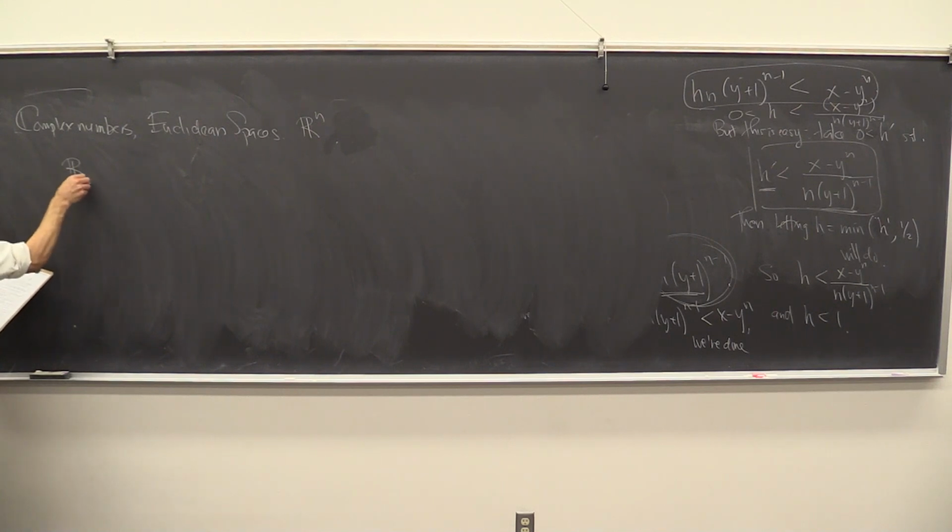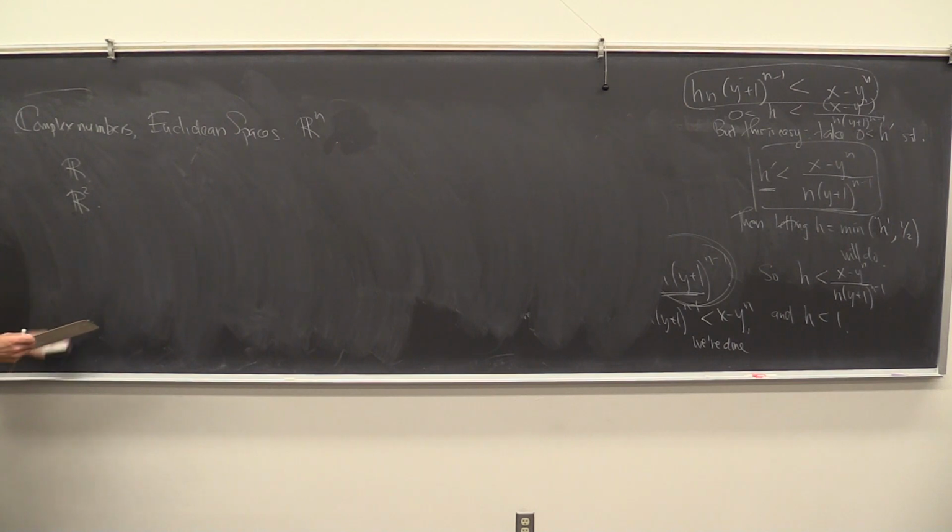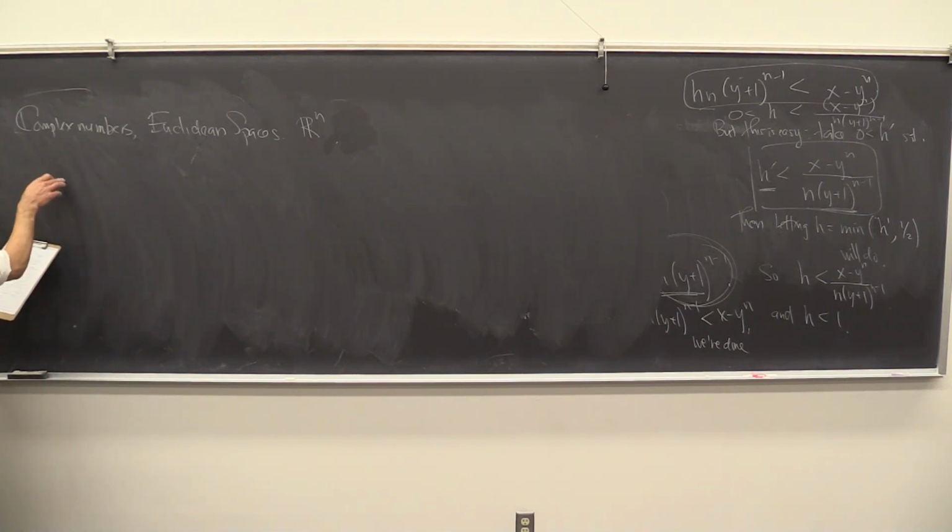So just now we talked about R. What we're going to talk about now is, if you take the plane R^2, we want to make that into a field. It's an interesting fact that this is the last dimension for which you can do this. R^3 cannot be made into a field, R^4 cannot be made into a field, et cetera. So here's how you do it.